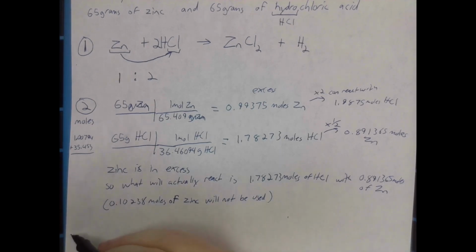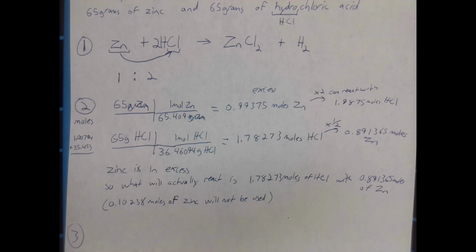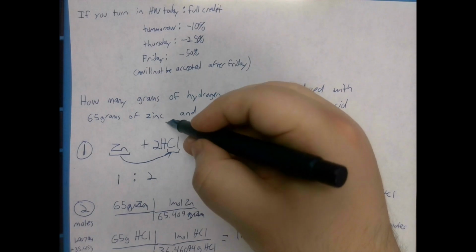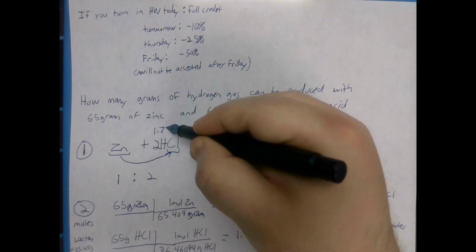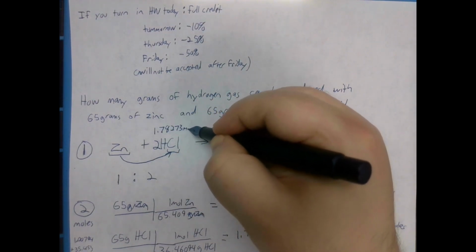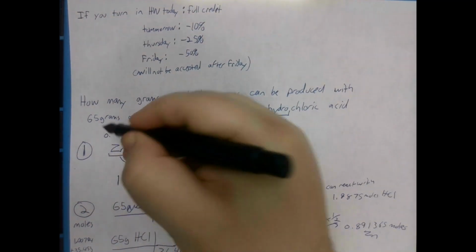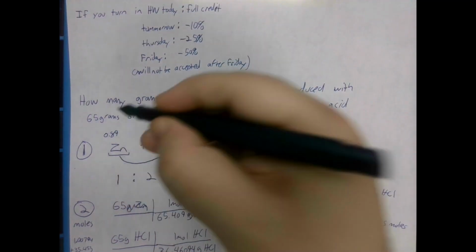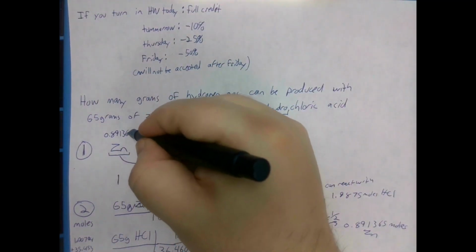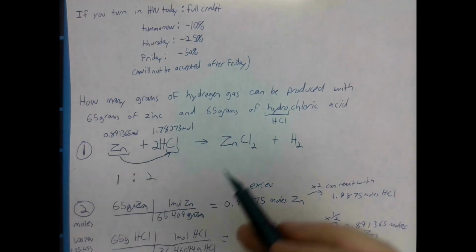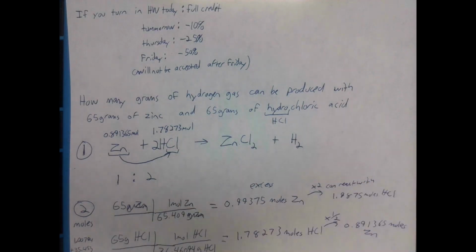So, how much hydrogen will we get? So we determined that we're going to have 1.78273 mole of HCl, and we determined 0.891365 mole of zinc is a 1-to-2 ratio, and then we have a 1-to-1 and 1-to-1 right here.